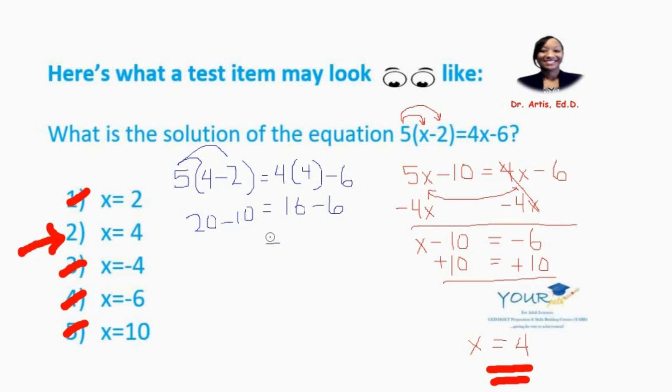When we further solve this, we get 20 minus 10 gives us 10. And then 16 minus 6 gives us 10 as well. And so we know that this is true because 10 equals 10. So therefore, our value for x, which is a positive 4, is correct.